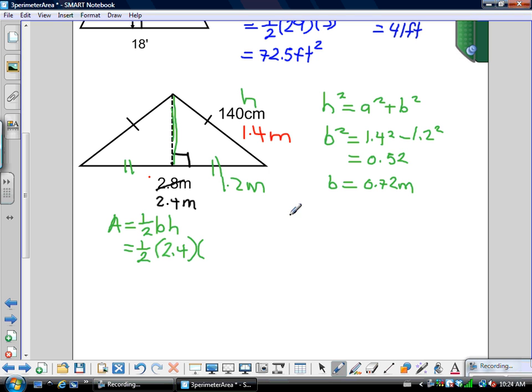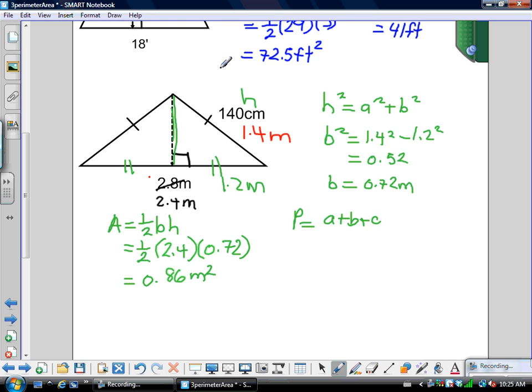And the perpendicular height, which we found was 0.72. Again, this is a calculator job, and punch it in and out comes 0.86 meters squared.